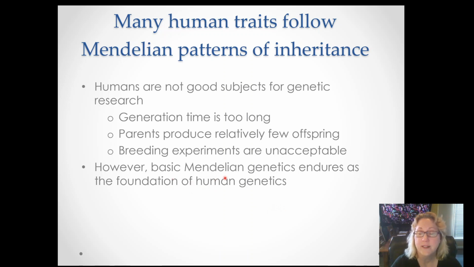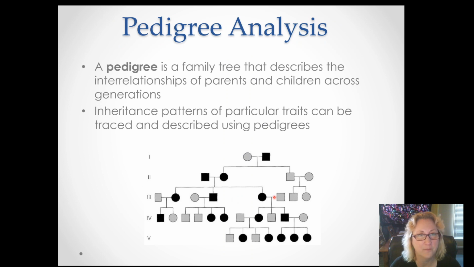But we can still study human genetics, and we do it by looking at family trees and creating what we call a pedigree for different families, and we can look at traits and tell whether traits are behaving like Mendelian traits. Is there a dominant and a recessive, or does it seem to be incomplete dominance or something else? So we'll do some problems with those.